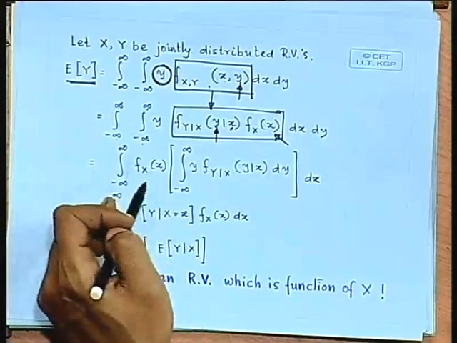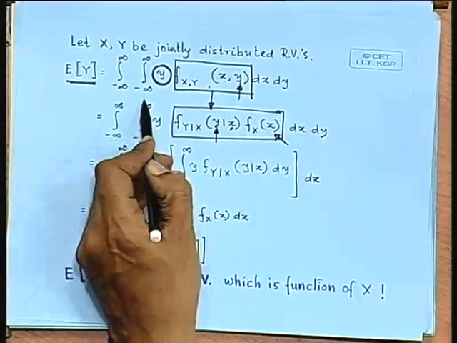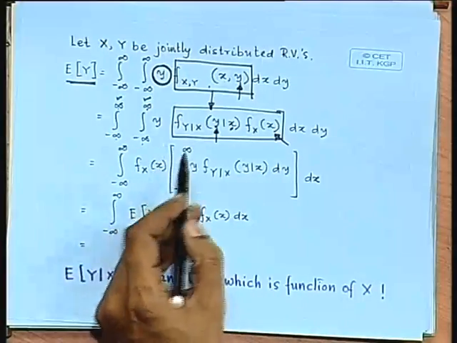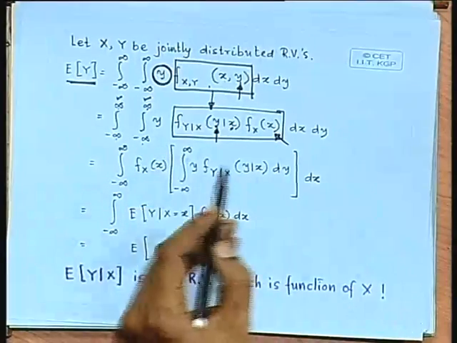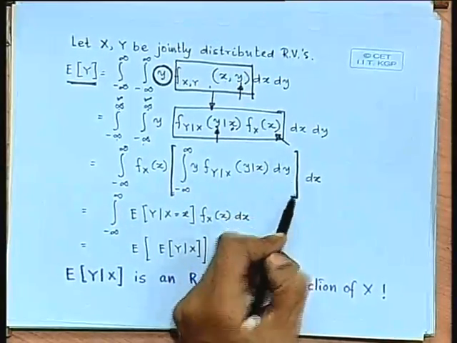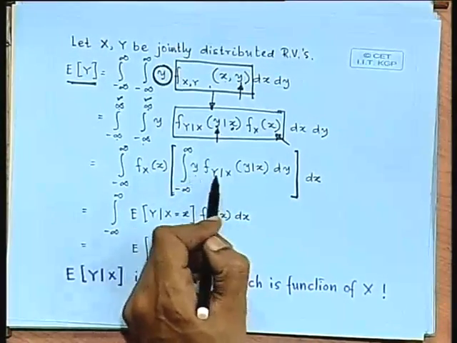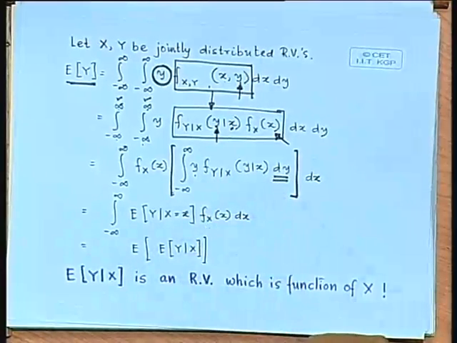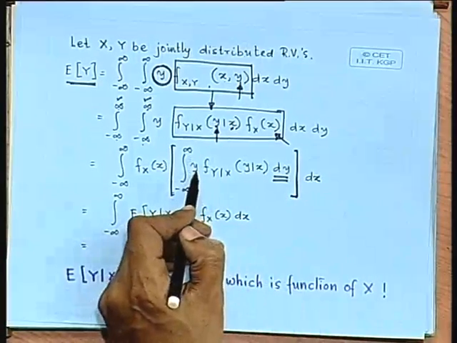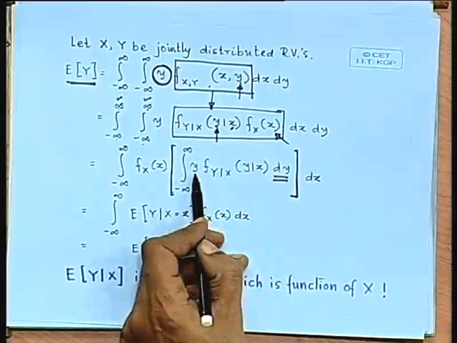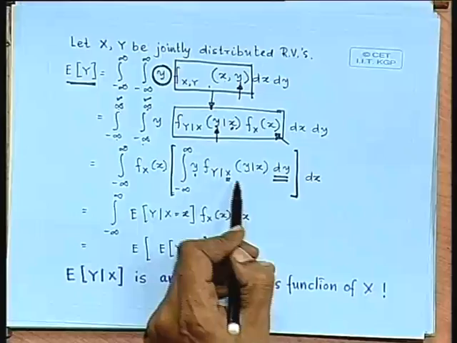Now one of these integrals is actually over x, the other integral is over y. So now we take one integral inside and bracket these terms. So now this is the integral of y fy given x dy, as if this is the conditional expectation of y, which is nothing but the conditional expectation of y given capital X is equal to small x.